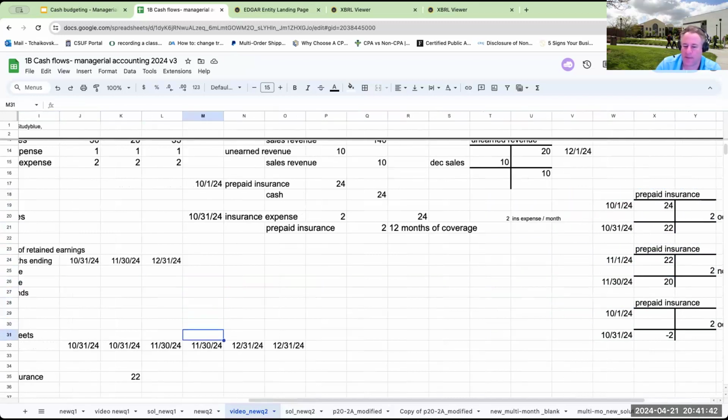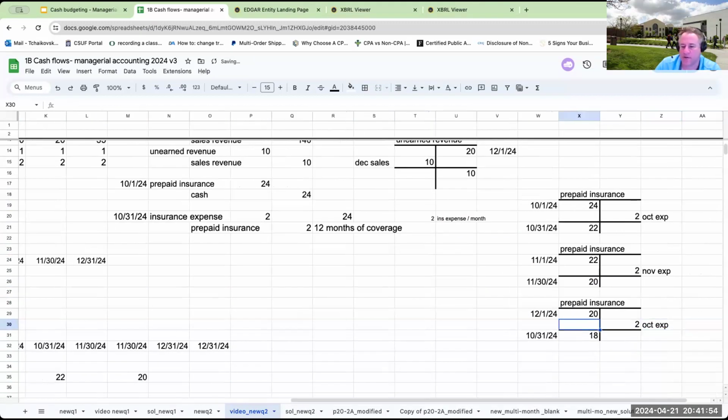So 20 is going to be my balance for prepaid insurance as of November 30th. Lastly, we get over here, 12/1/24. The ending of 1 month becomes the beginning for the following. And this is going to be 12/31/24. And this is going to be my December expense. Okay, so my ending balance in prepaid insurance is going to be at 18.